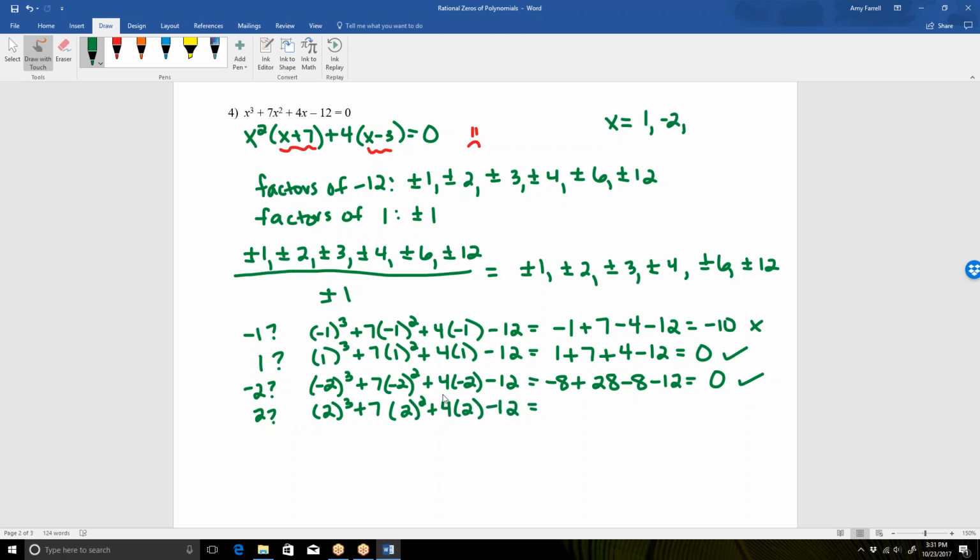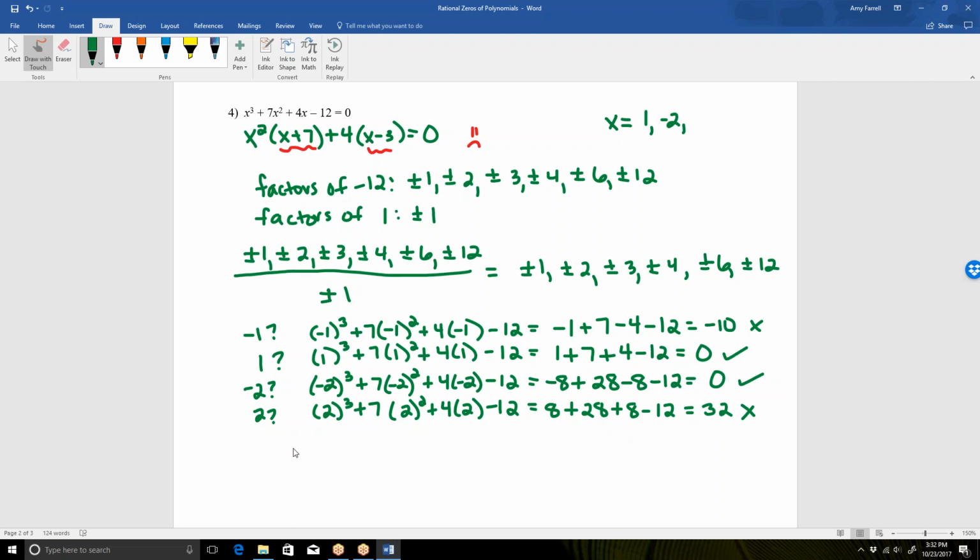You might be able to tell right away that this isn't going to work. 2 to the third plus 7 times 2 squared plus 4 times 2, that's a pretty big number, and I'm only subtracting 12. So if at any point you can tell the answer is no, then you don't have to show all this work. But let's go ahead and show it. This would end up being 32, which obviously does not work.